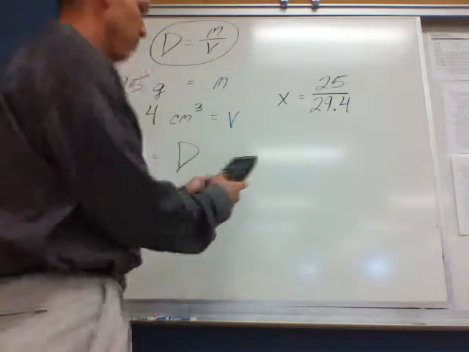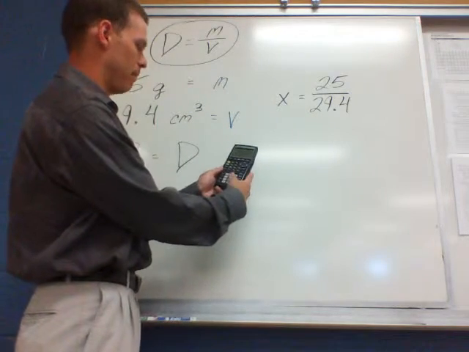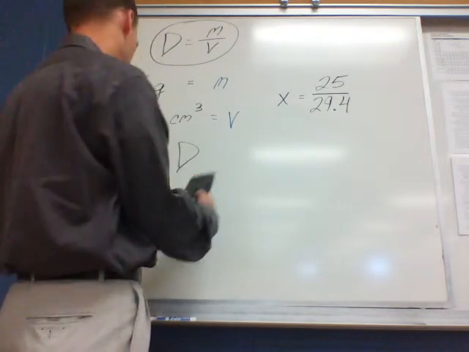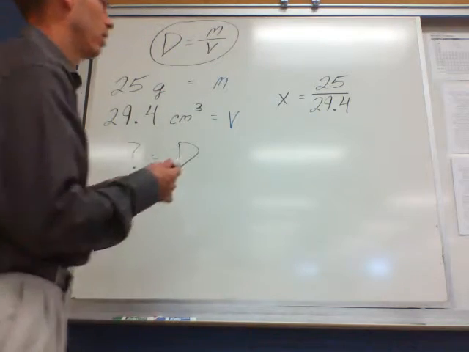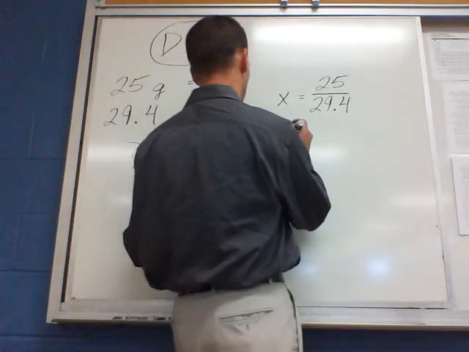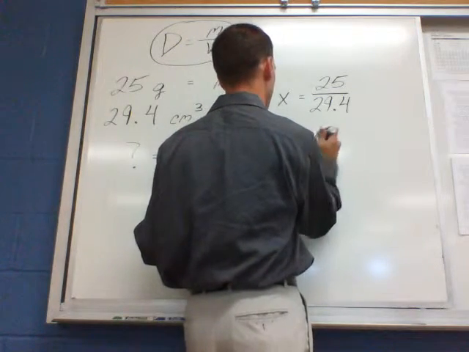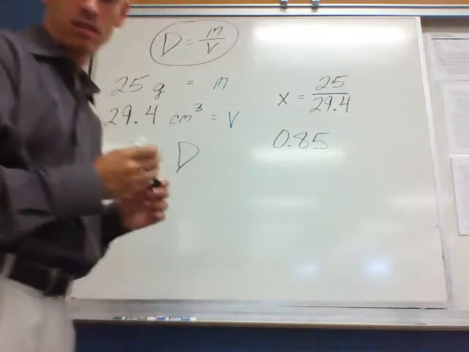With your calculator, plug and chug, 25 divided by 29.4. And I get 0.85.